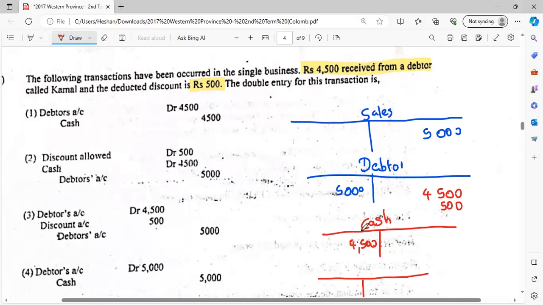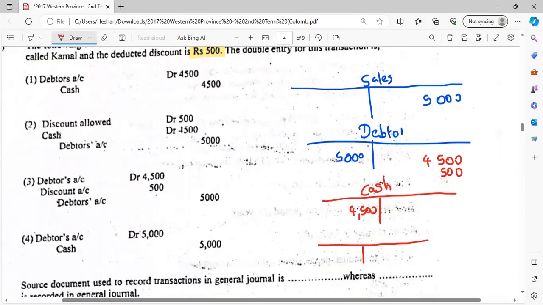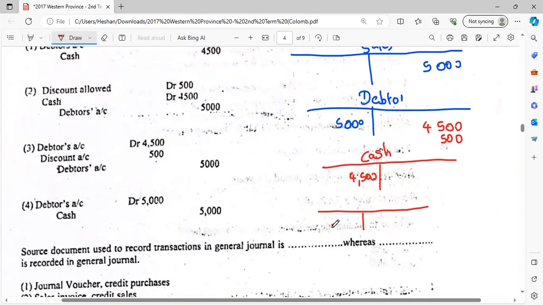When we allow discount, it's an expense to the business. So we need to identify this as an expense. When expense increases, it's a debit. So this is discount allowed.